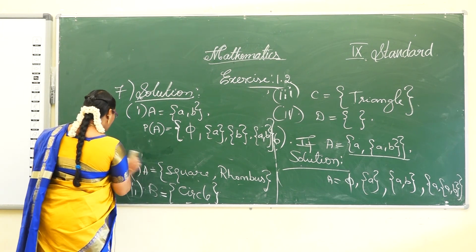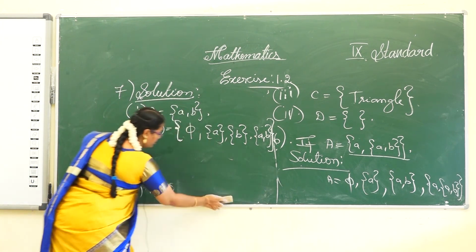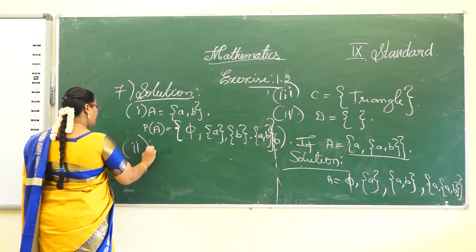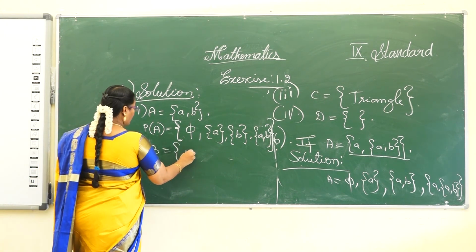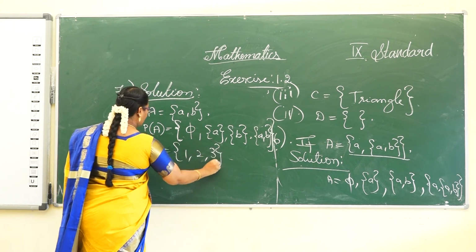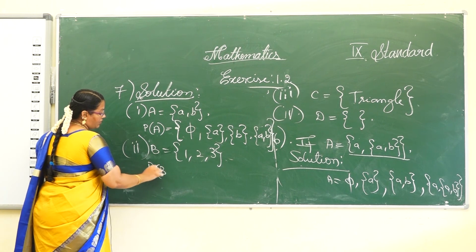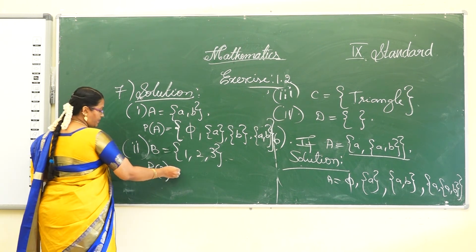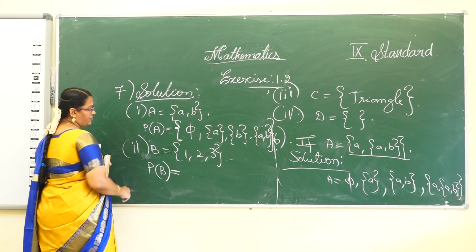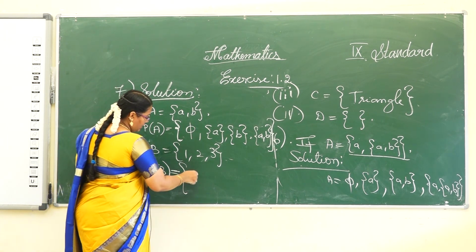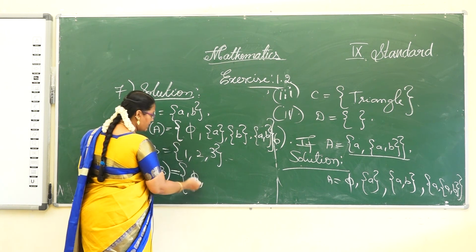And next, the second one, B is equal to {1, 2, 3}. Power set of B means all the subsets of the set. First put the set bracket and next write the empty set.